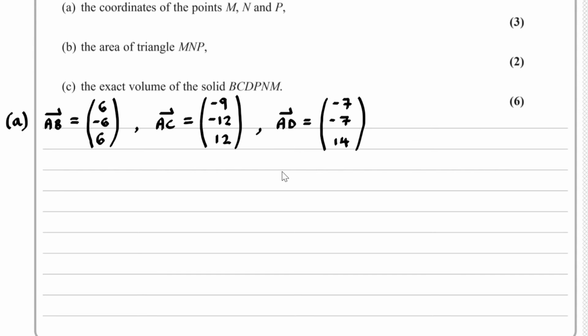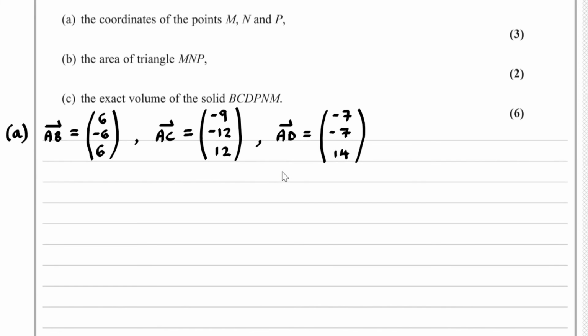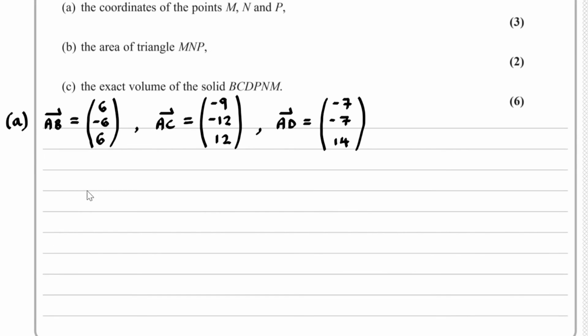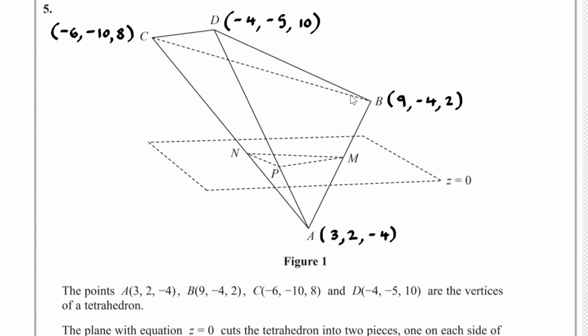So now we can find out the coordinates of M, N, and P. Now, if I find out what the vector OM is, I can start at A, but then I can go a certain fraction in the direction of AB.